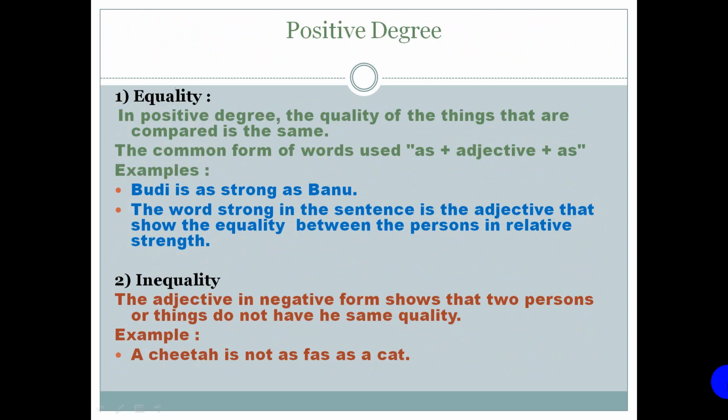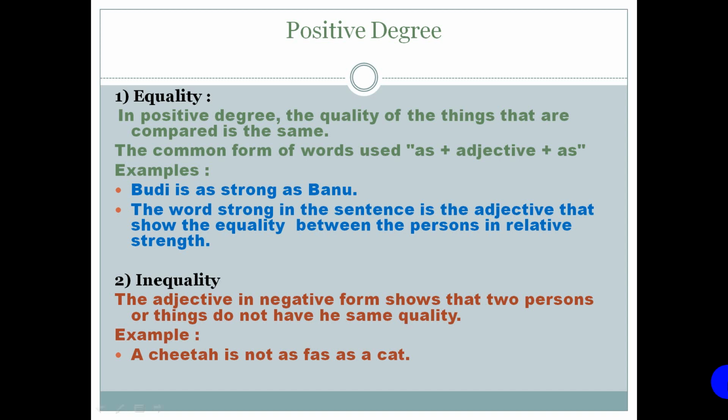And now we discuss the positive degree in detail. There are two kinds of positive degree. The first is equality. In positive degree, the quality of things that are compared is the same. The common form of words used is as, adjective, plus as.